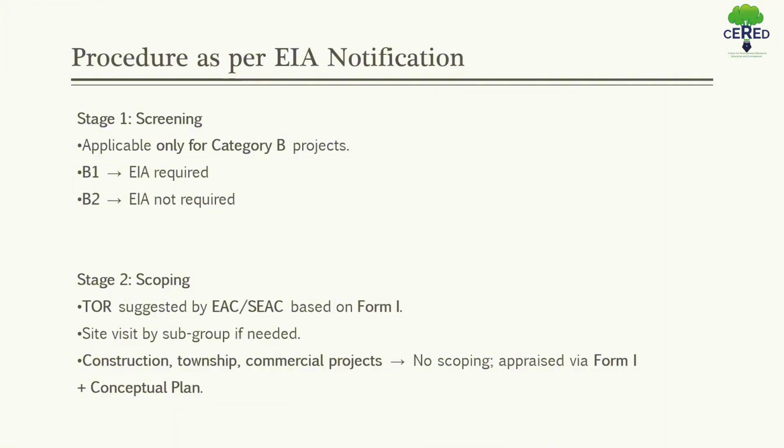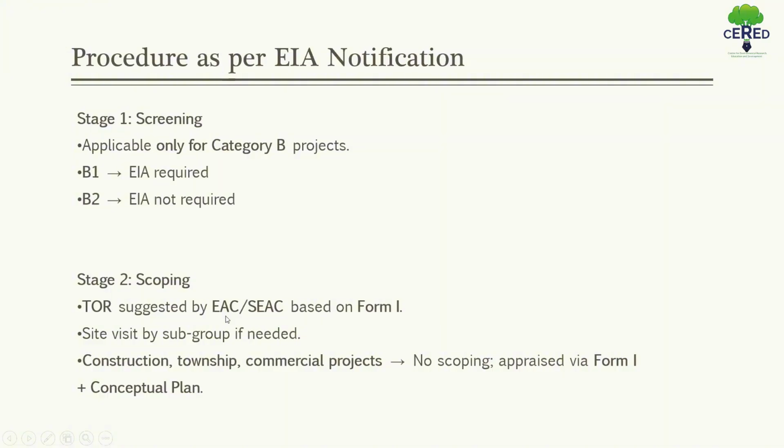Let us understand more about the screening process. Screening is required only for category B projects. As we saw earlier, there are two categories of projects, category A and category B. Screening is basically done for category B projects, because for B category projects there are again subcategories B1 and B2, and for B1, EIA is required, and for B2, EIA is not required.